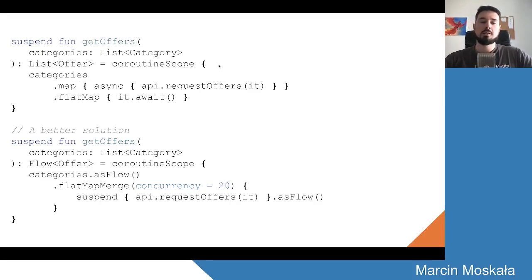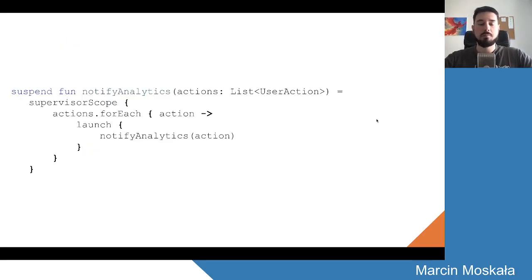Do you want to send thousands of requests at the same time? Probably not. It would be better to limit this concurrency, and for that you can use a flow, flatMapMerge, where you fetch offers concurrently, but with a concurrency limited to 20. That's a pattern that you might get back to when you will be programming.